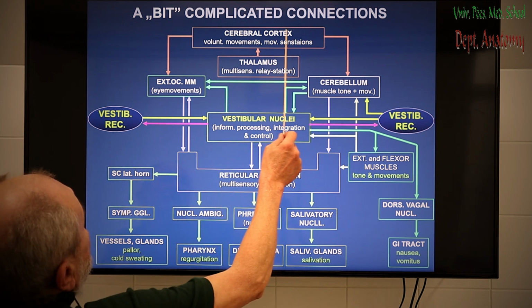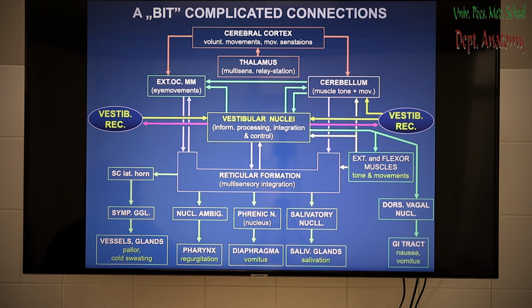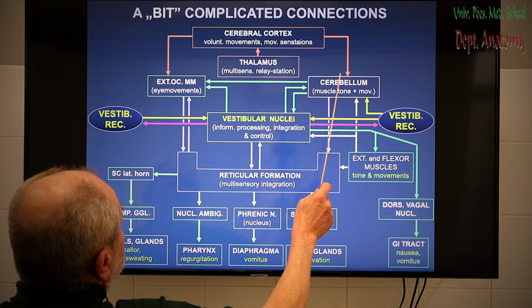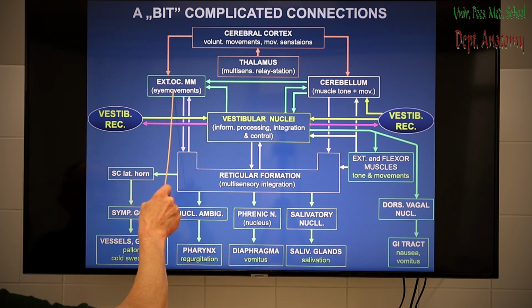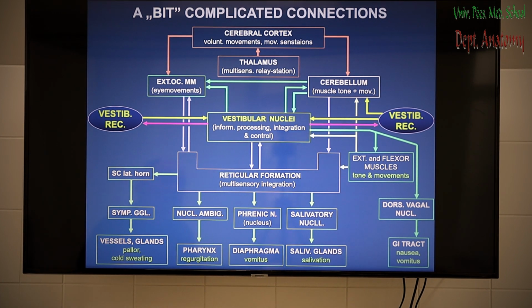And not to forget about higher connections as well. The cerebral cortex has great impact on the function of the cerebellum. You remember the indirect pathway involved in the extrapyramidal system, which uses the pontine nuclei, so the corticopontine plus pontocerebellar tracts. By this way, the cerebellum gets information from higher centers, and the cerebral cortex, of course, has influence on eye movements.